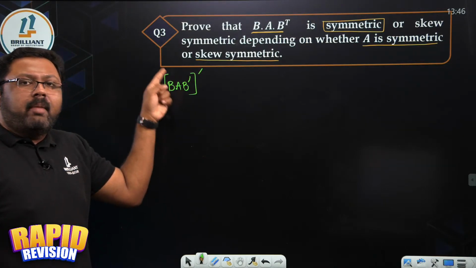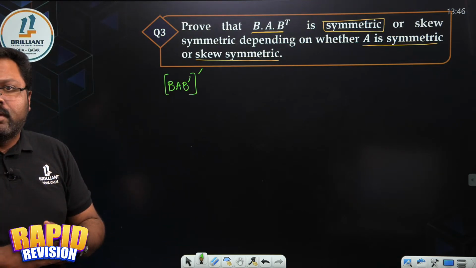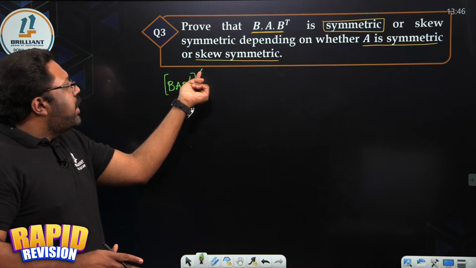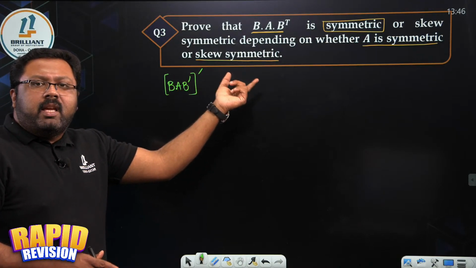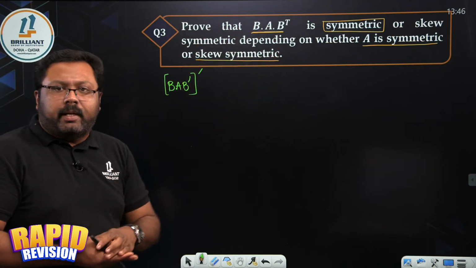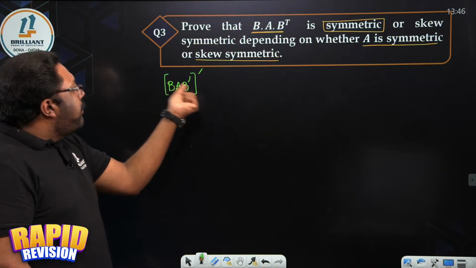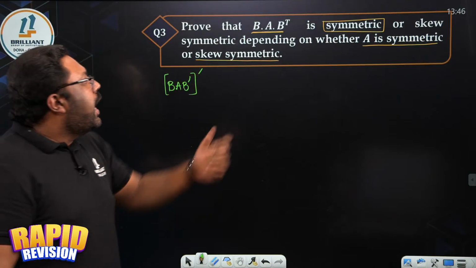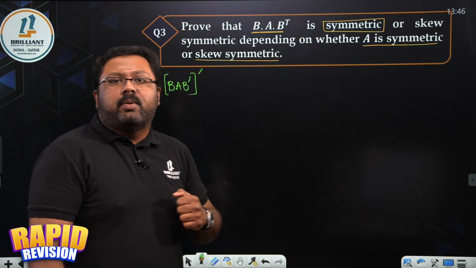We know BAB dash is a square matrix, and if BAB dash transpose is equal to BAB dash, then I can say BAB dash is symmetric. And if BAB dash transpose is equal to minus BAB dash, I can say BAB dash is skew symmetric.